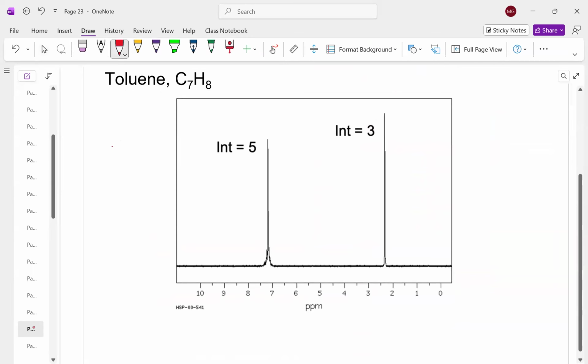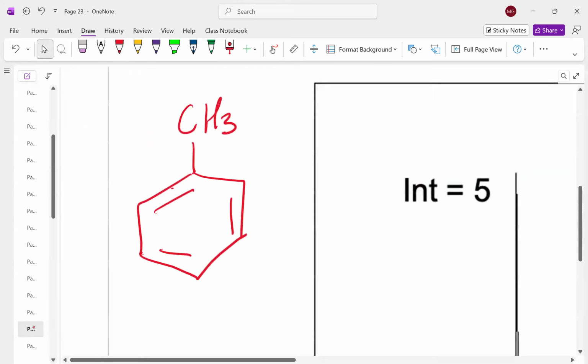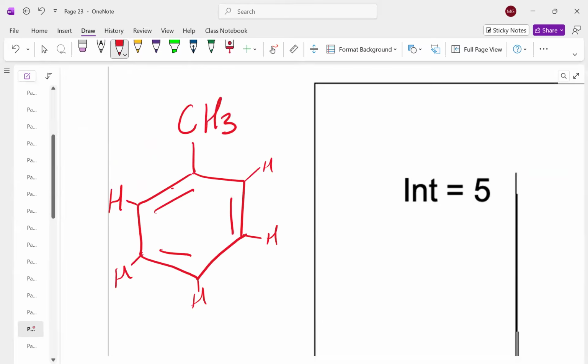And let's start here by looking at toluene. I'm going to draw the structure and ignore the NMR for right now. I'll just do that so you're not looking at it. And I'm going to draw all the hydrogens in. And let's do some predictions.